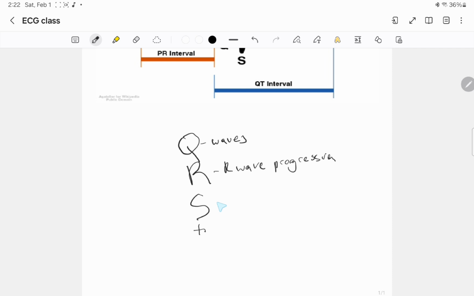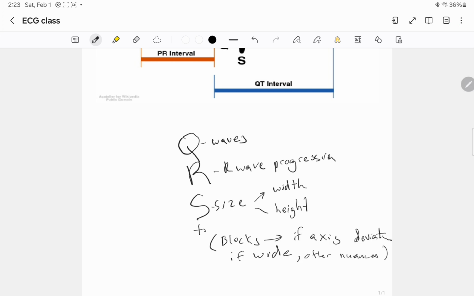S stands for size, which includes the width as well as the height. And plus stands for certain conditions or certain abnormalities that we'll look for later on when we go into detail about types of blocks. So for example, fascicular blocks, bundle branch blocks, that type of thing, right?